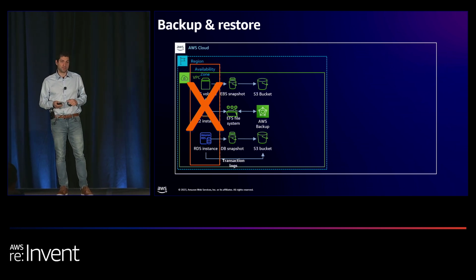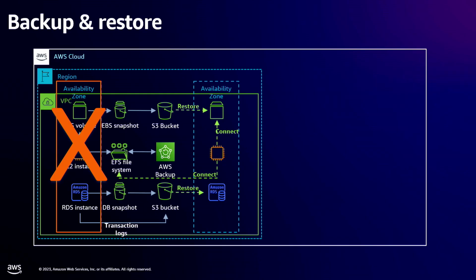Recall that my backups are regional. So now I can do a restore of my EBS snapshots, create an EC2 instance that is mounting those restored volumes, connecting my EC2 instance to my EFS, which again was not impacted, and restore my RDS.